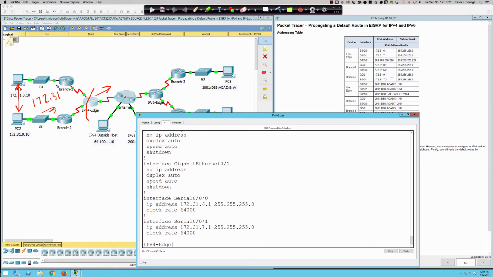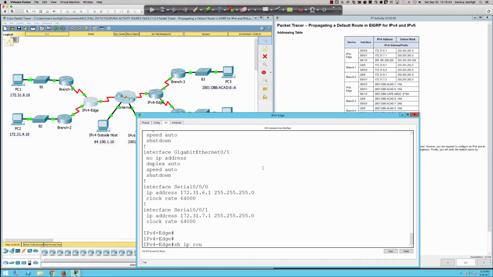But what's the problem? If PC2 wants to go here, or PC1 wants to go here, do they know how to get there right now? No, they don't, because on the IPv4 edge there is no routing information in the routing table.